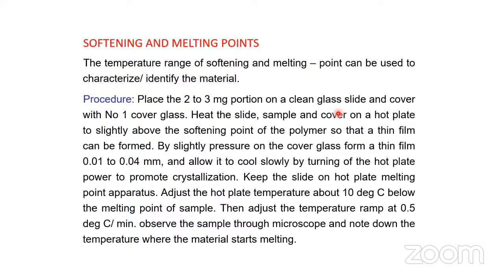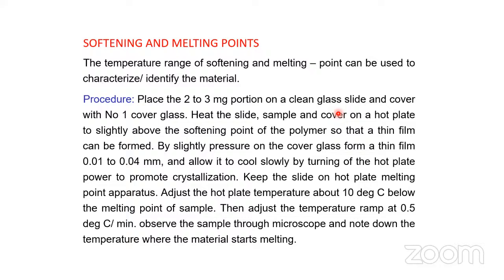Keep the slide on a hot plate or melting point apparatus. Adjust the hot plate temperature to about 10 degrees Celsius below the melting point of the sample, so you have to adjust the temperature accordingly. Then set the temperature ramp at 0.5 degrees Celsius per minute.